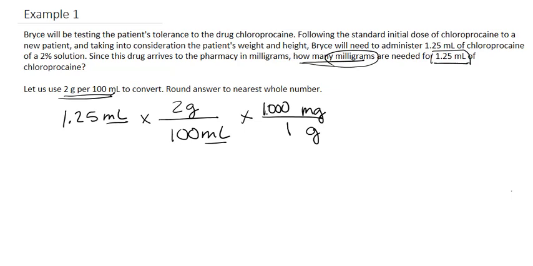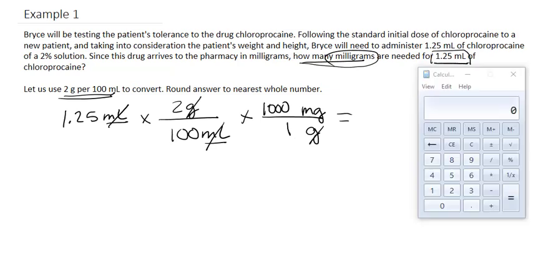So now we have our problem all set up because we get rid of milliliters and we get rid of grams. So let us do this multiplication. We take 1.25 times 2 times 1,000.